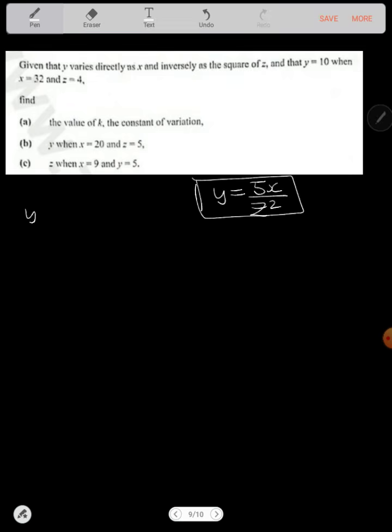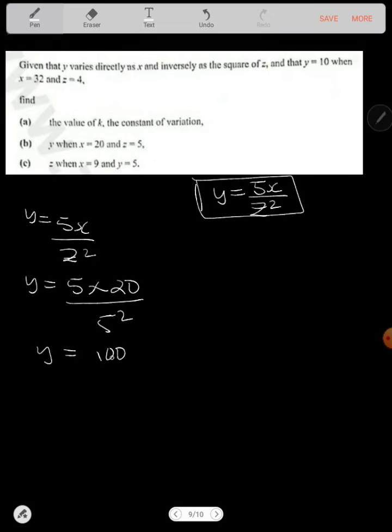We know that y is equal to 5x over z squared. So to find the value of y, x is 20, z is 5 squared. That's 100 over 25. So y is equal to 4. That's B.